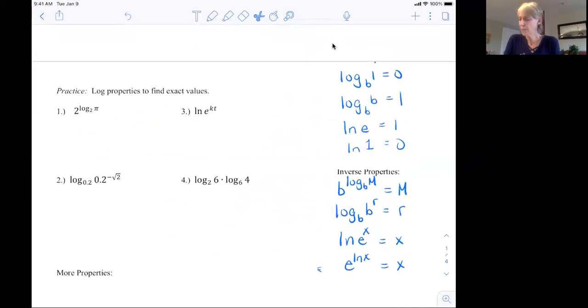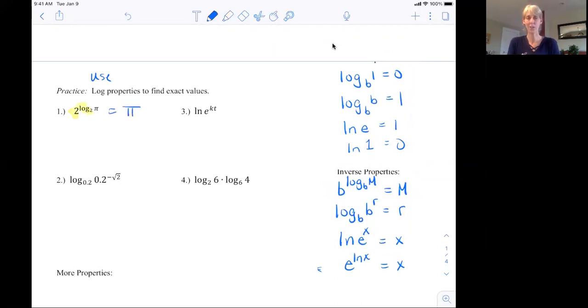All right, so I want to type a use log properties to find exact values. So I have 2 raised to the log base 2 of pi. As I look down my list, I'm just going to try to find which one this looks like. This looks like this guy here. So I know anytime I have a 2 and a log base 2, they're going to undo each other, and my answer is just going to be pi.